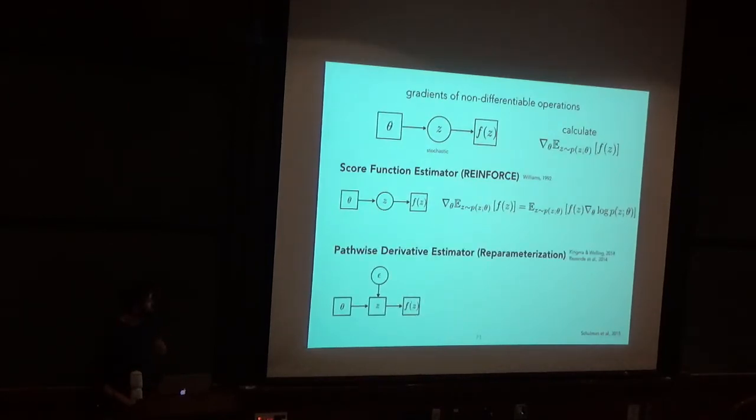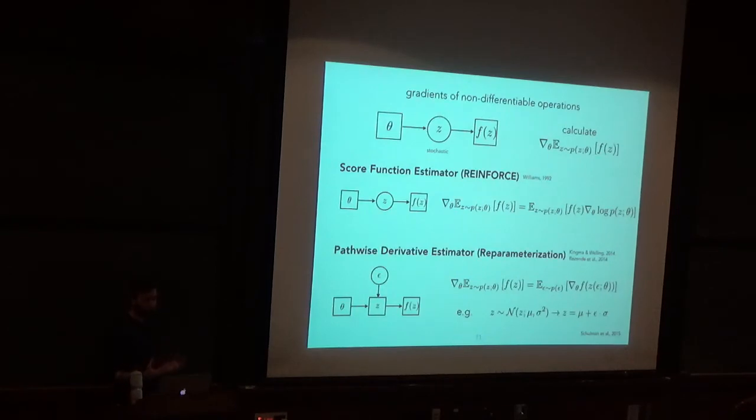Another method for doing this is what's called the reparameterization trick, or the pathwise derivative estimator. In this case, you're reparameterizing the stochastic node z as a deterministic node that depends on some other stochastic node epsilon here. And so you can now express the expectation over epsilon and then bring the gradient in and actually calculate that.